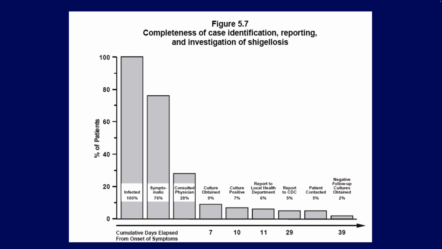Importantly, healthcare providers may or may not order a lab test to confirm the diagnosis for each patient they see. Sometimes they don't need to, depending on the situation. Only when they do order a laboratory test can a lab report that information to the surveillance system, and only then when it's positive. So here you can see that only a fraction of those that consult a physician also have a laboratory test conducted.